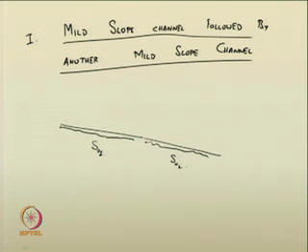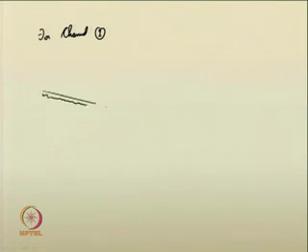So, that way one can easily try to interpret what could be the profiles due to the change in channels, how the profiles can change. You see that for channel 1, it is a mild slope channel.